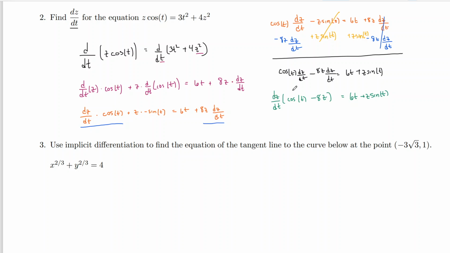Remember, we're multiplying by this. It's not like we're plugging this in. We divide each side by the cosine of t minus 8z, and that is our dz over dt. So dz over dt equals 6t plus z sine of t over cosine of t minus 8z.